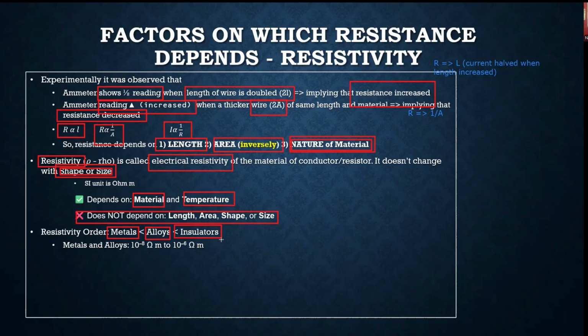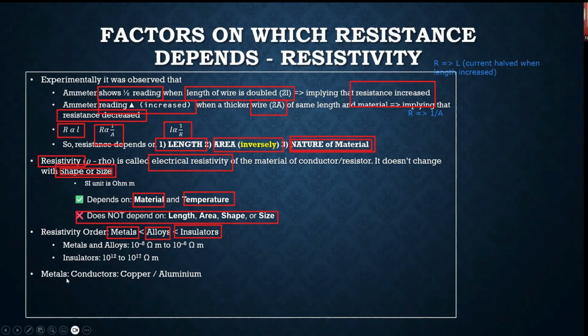Alloys also will say, ठीक है, you can pass current, but not as much as you can pass through metals, slightly lesser than metals, because the resistivity of alloy is slightly higher. Then insulator, the resistivity is very, very high. 10 raised to power of 12 to 10 raised to power of 17 ohm meter is the resistivity.